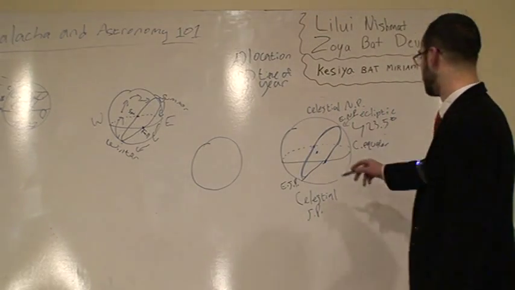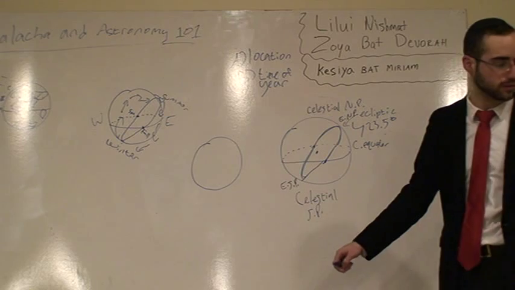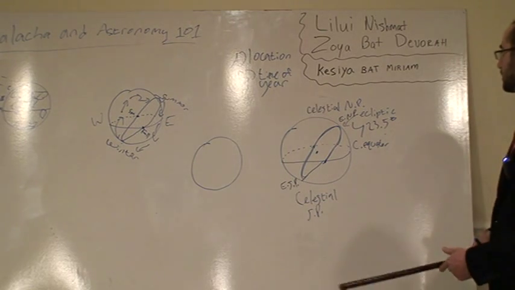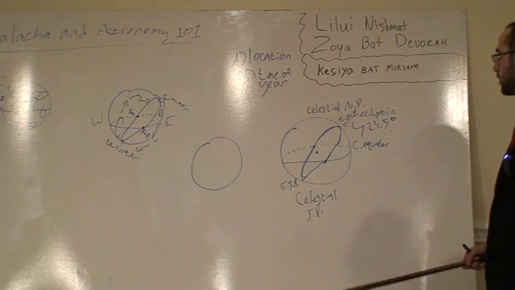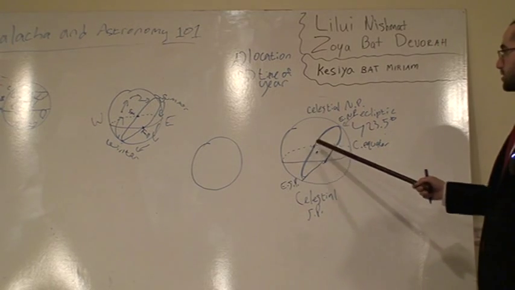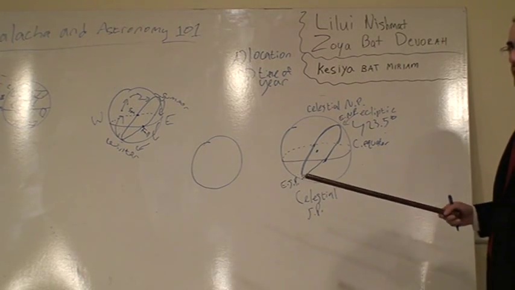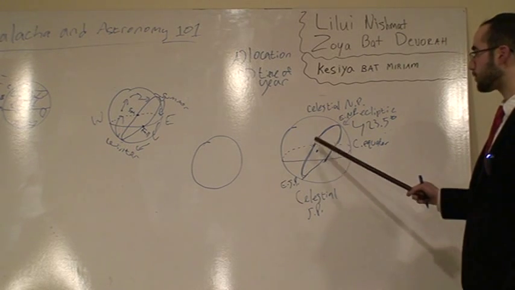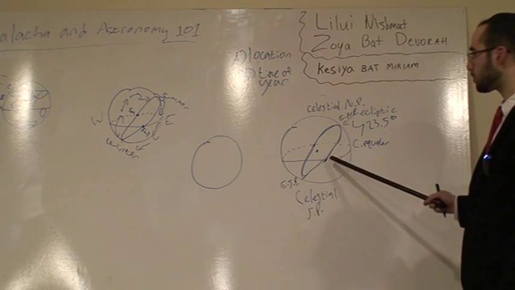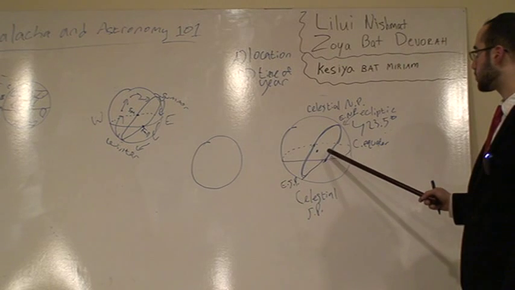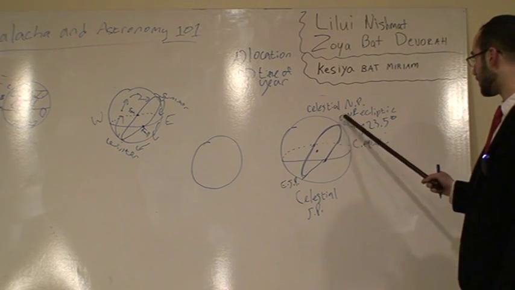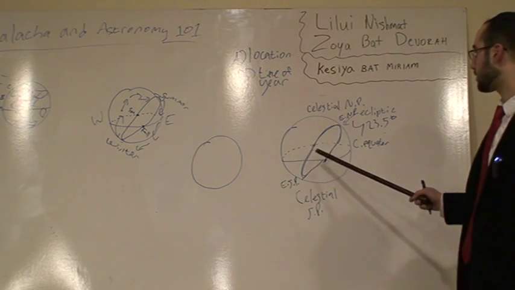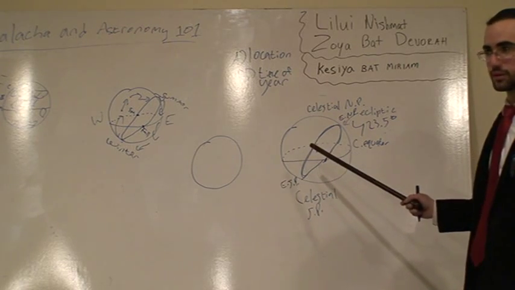So now let's look. We say that the middle is the celestial equator, right? And we also said that during the spring and the fall respectively, is when the ecliptic touches the celestial equator.